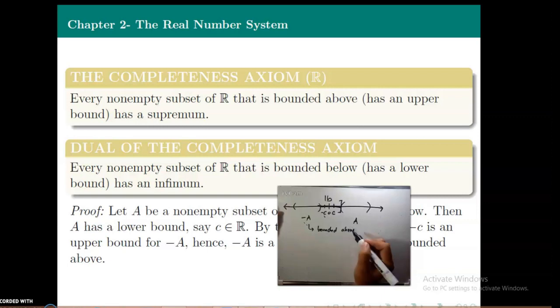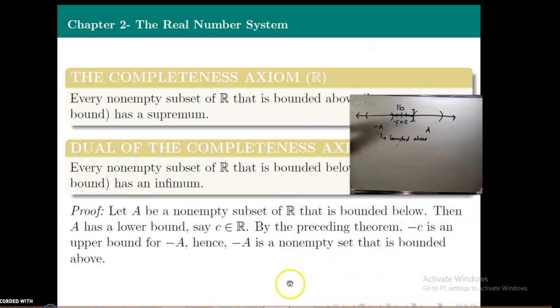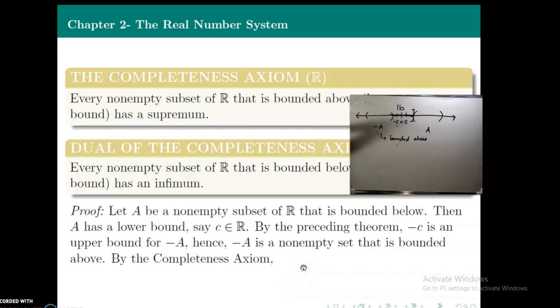So since this is bounded above, negative A has a supremum. By the completeness axiom, the supremum of negative A exists.